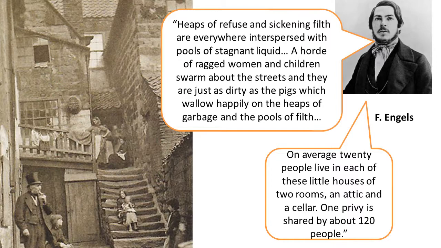One privy is shared by about 120 people." So this kind of description is how a journalist would describe a very difficult slum in a big African city nowadays, for example.